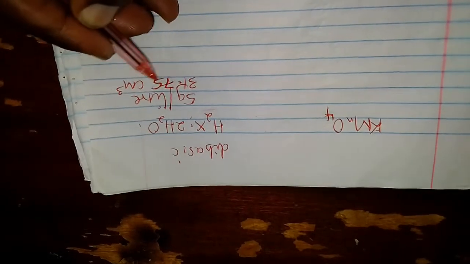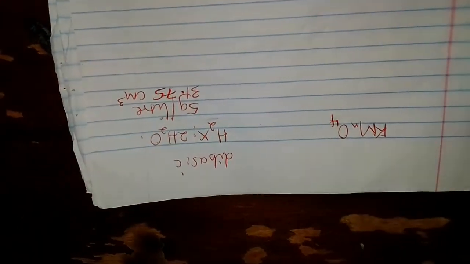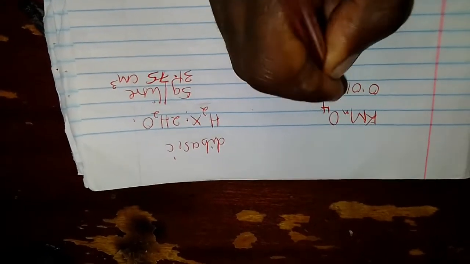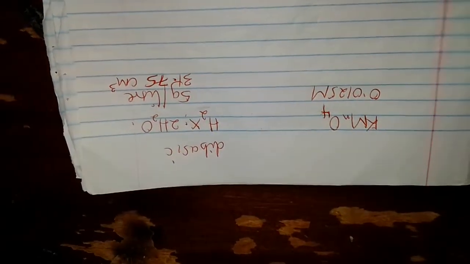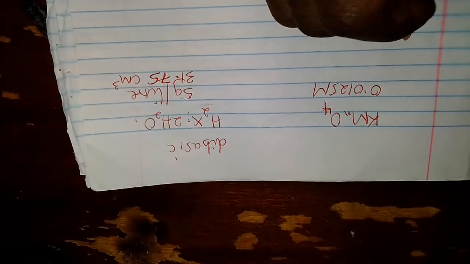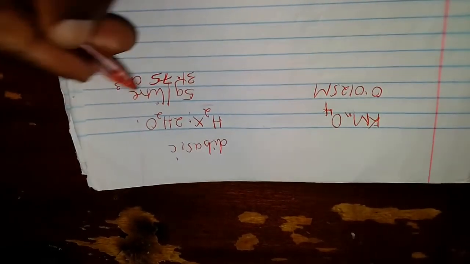So if this 31.75, we can say we have 0.0125 molar as the concentration, and let's use here 25 centimeters cubic, and here 31.75 centimeters cubic.